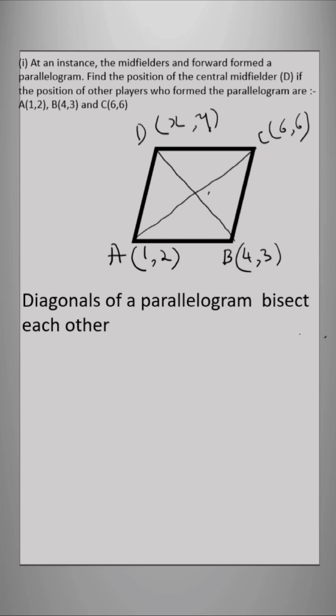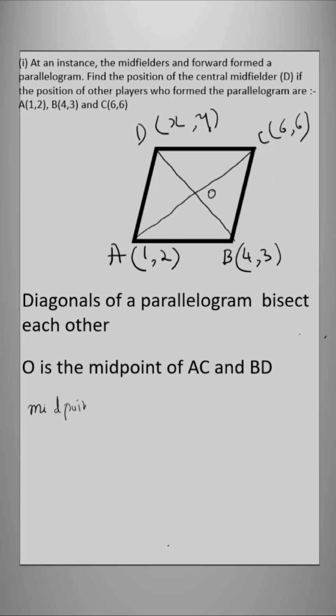Here O is the midpoint of AC as well as BD. Now we can find the midpoint of AC, that is O, using the formula. Coordinates of midpoint is equal to (x1 plus x2) divided by 2, (y1 plus y2) divided by 2.